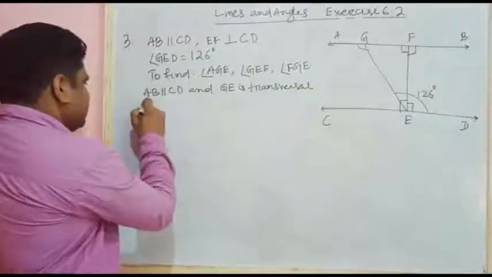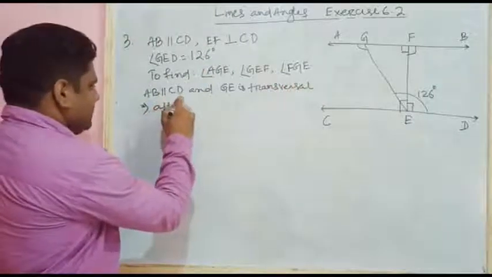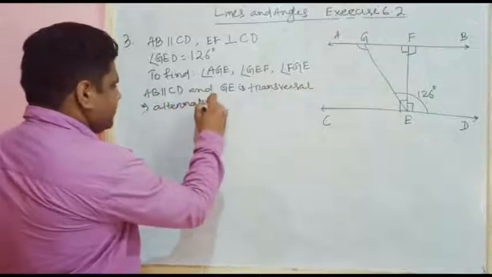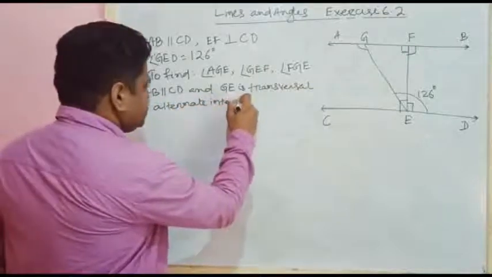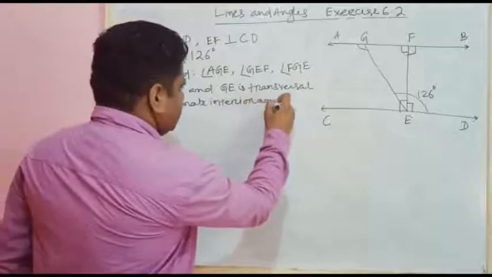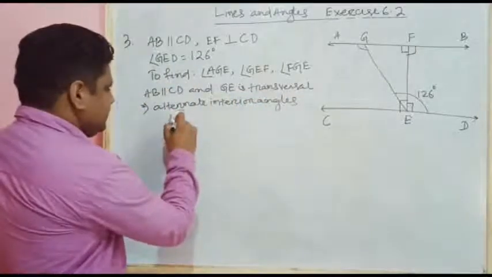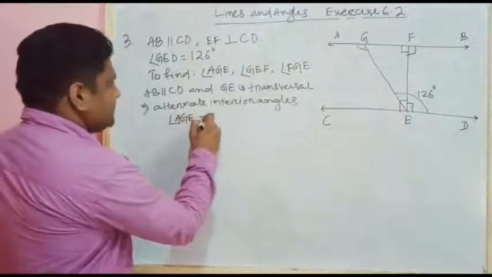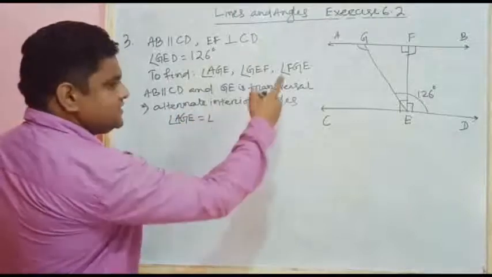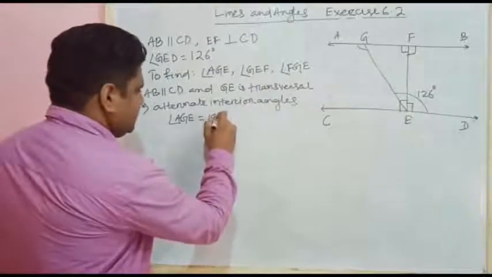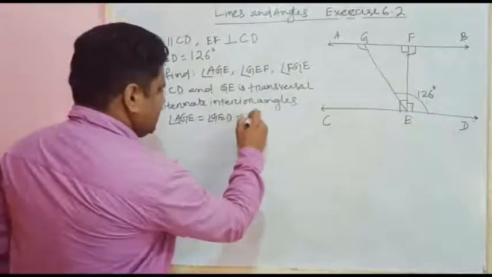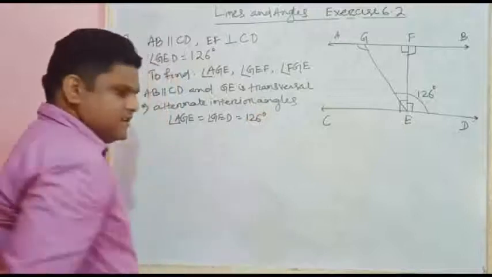This implies that alternate interior angle AGE is equal to angle GED, that is equal to 126 degrees.